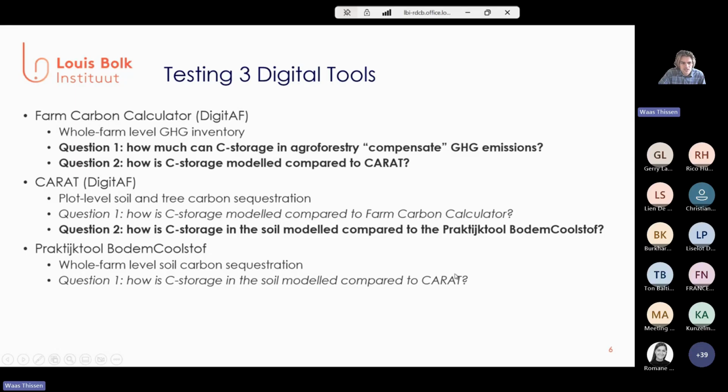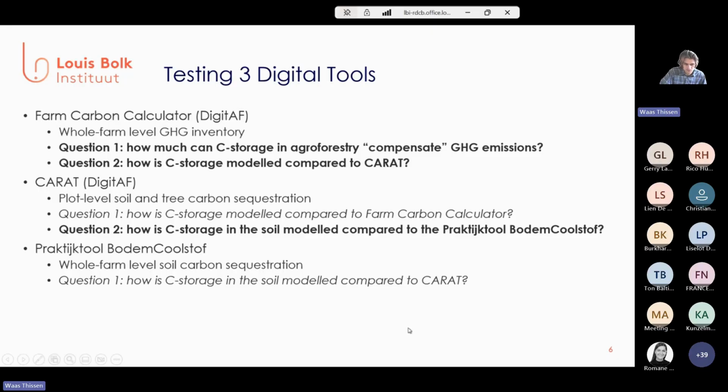Yeah, so the questions I had for the Farm Carbon Calculator were: how much can carbon storage in agroforestry compensate these greenhouse gas emissions on the farm? The second question is, how is carbon storage modeled compared to CHL, which obviously also includes the sequestration in the trees?